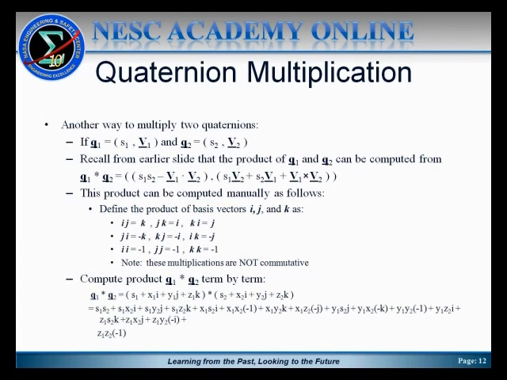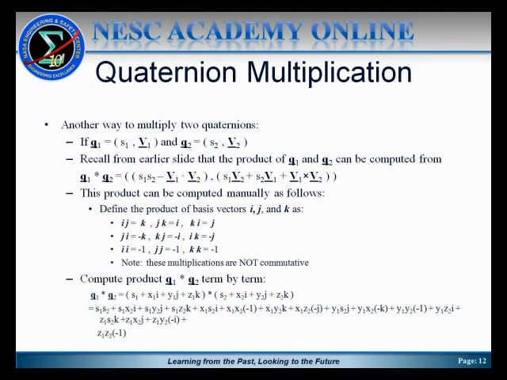It can also be computed, as I'll call it, manually, as follows, by first defining the product of the basis vectors I, J, and K as shown here. The first collection shows that I times J produces K, J times K produces I, K times I produces J. And those are order dependent.